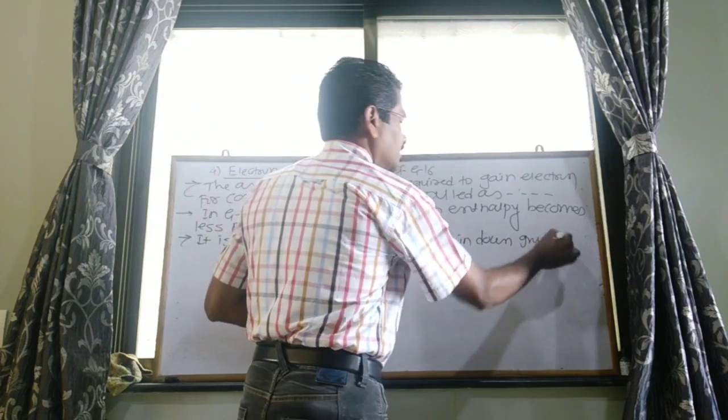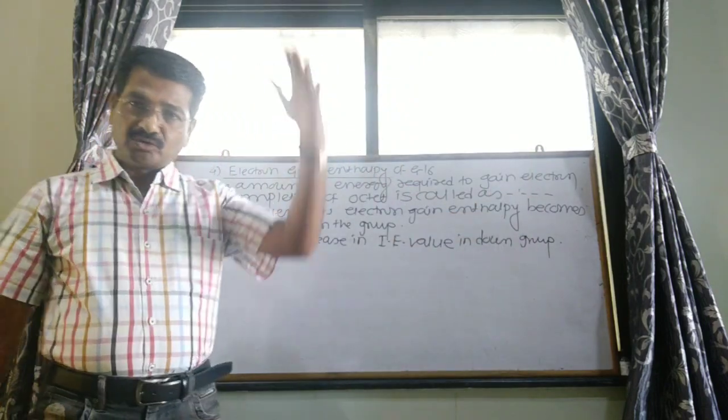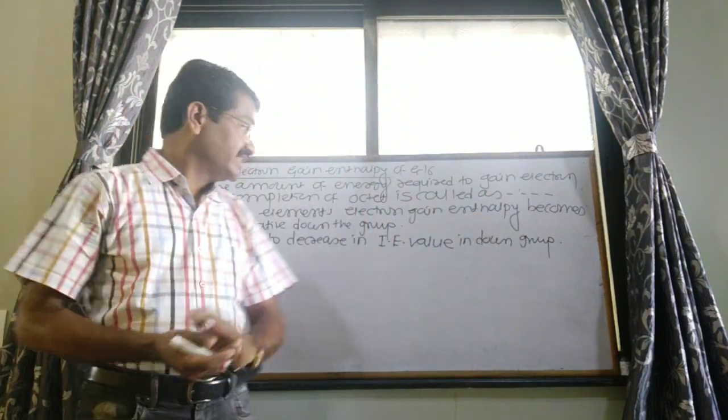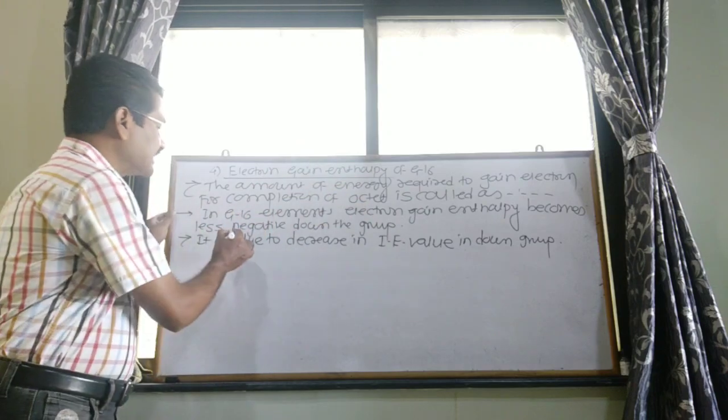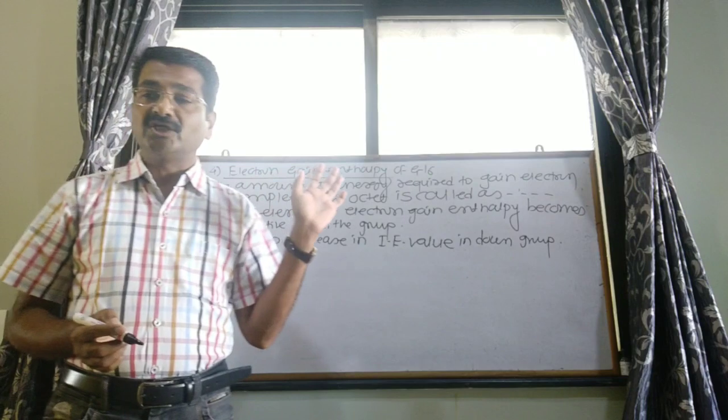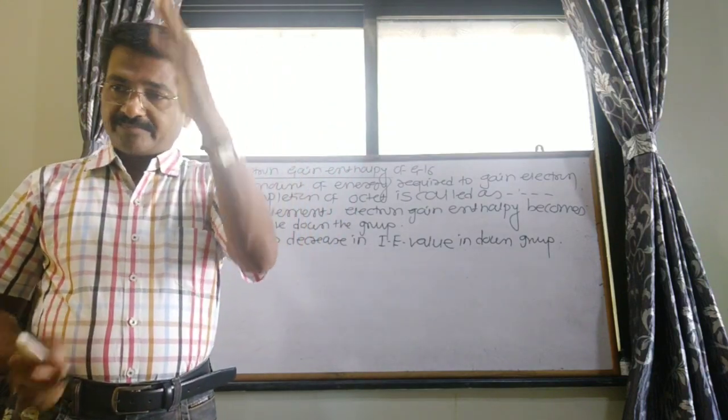Down the group, ionization enthalpy value decreases. Therefore, the electron gain enthalpy value is less negative from oxygen to polonium.